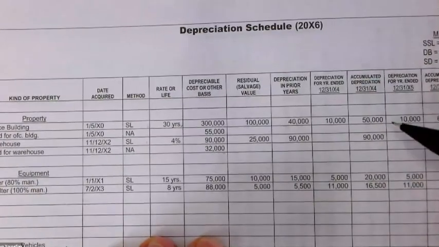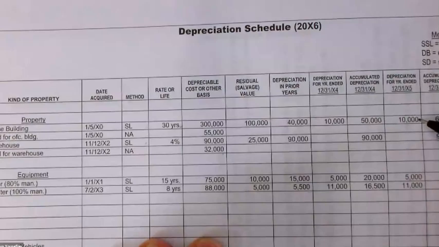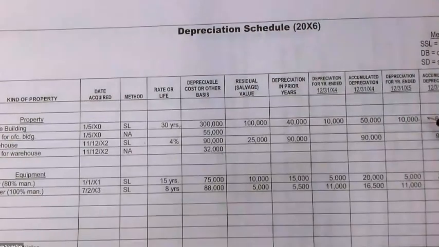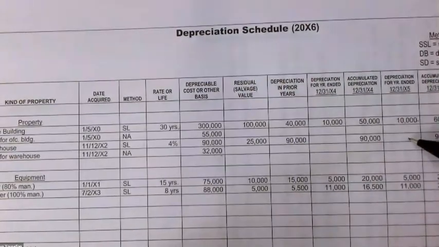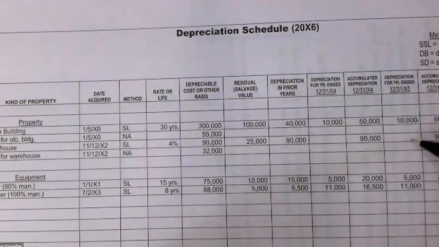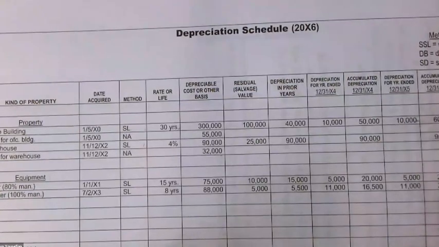So depreciation for this year for the building is $10,000. It goes in this Excel, but there is no depreciation this year for the warehouse, because it has already been depreciated.